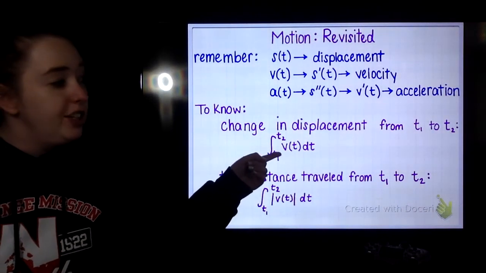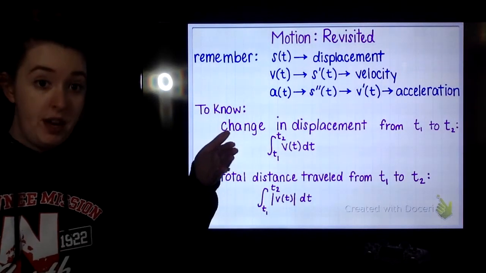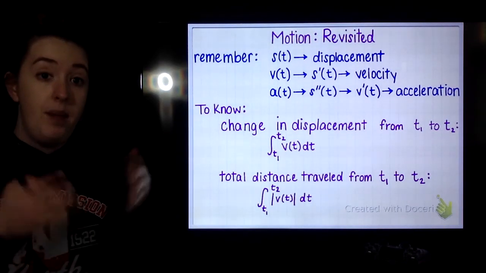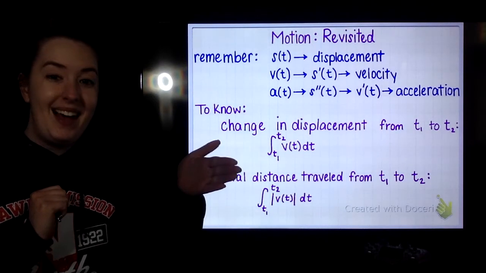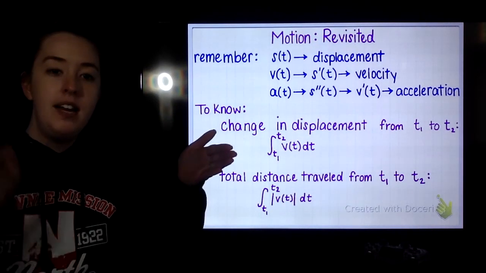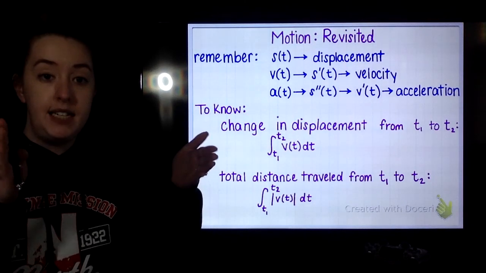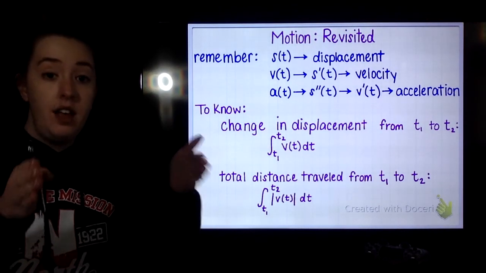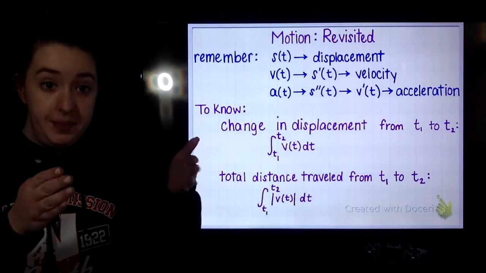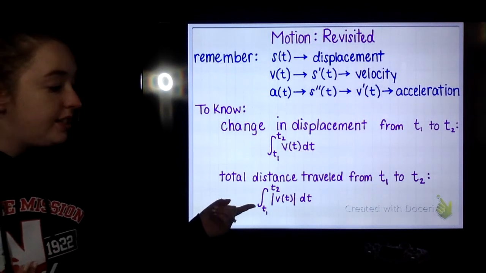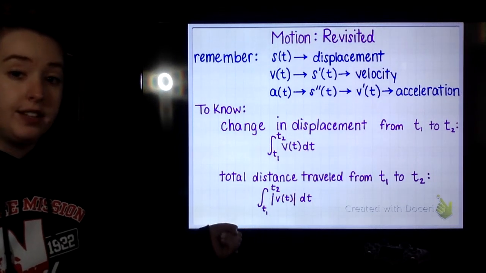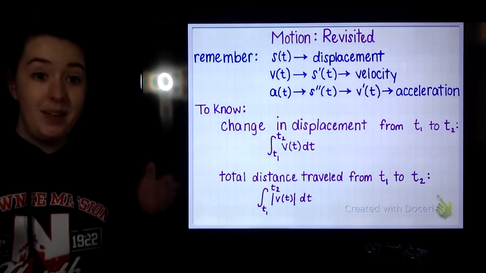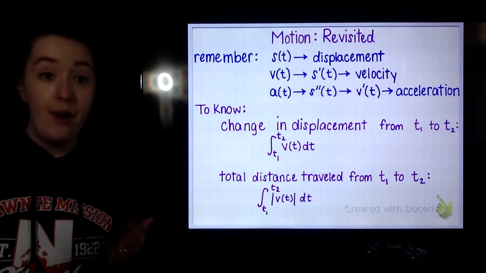So the change in displacement from one time to another, like if we were to take a snapshot, this person is standing here at time t1 and is standing here at time t2. Here's the difference in those two places. Total distance traveled, when we have that absolute value on our velocity function, that's going to tell me how far did I actually go.